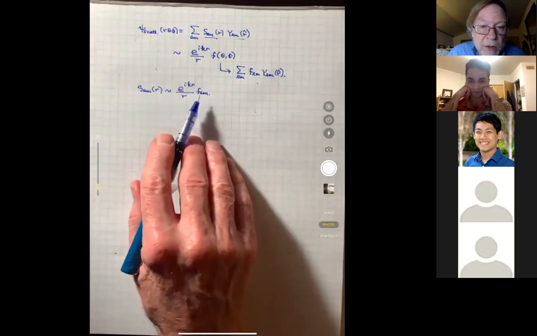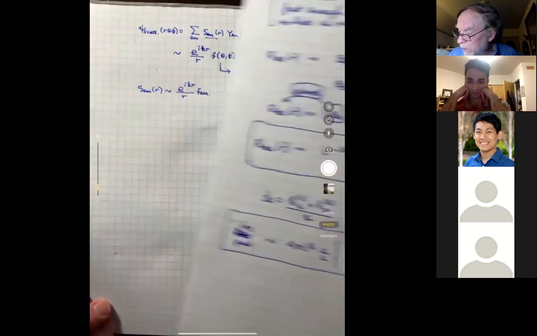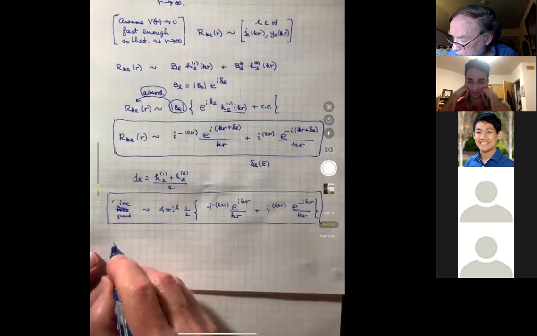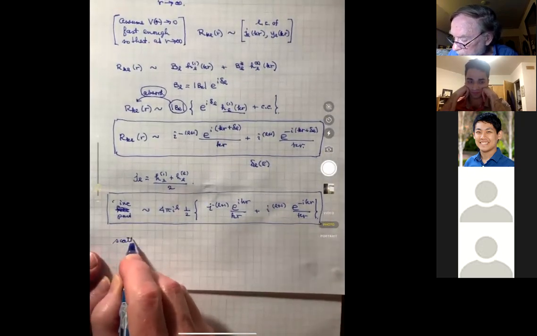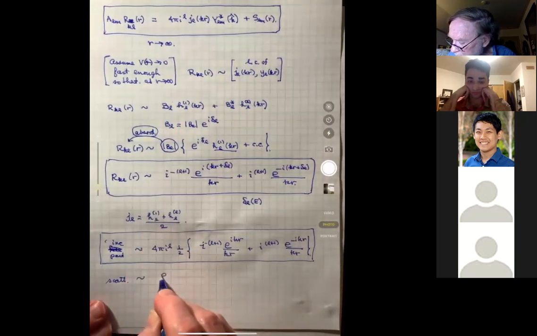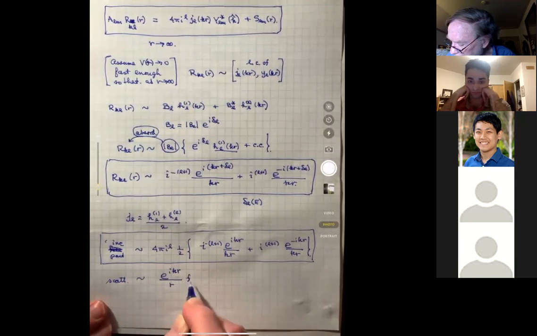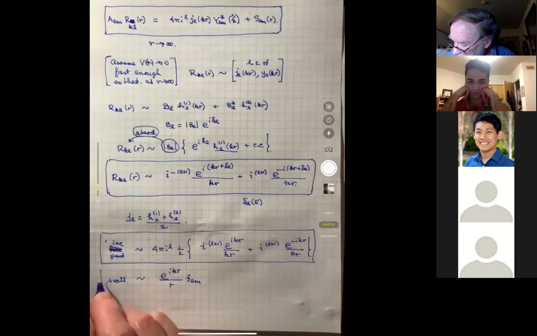It's sort of an obvious strategy, since it depends on direction, to expand it in terms of YLMs, and that's what these Fs are, the coefficients of that expansion. But in any case, to go back to the previous page, then, as far as the scattered contribution, the last term here, it asymptotes to, as I just explained, e to the ikr over r times FLM. And let me box that as well.